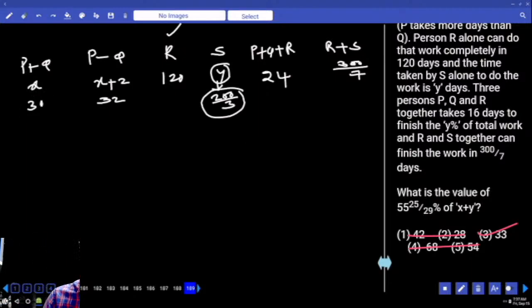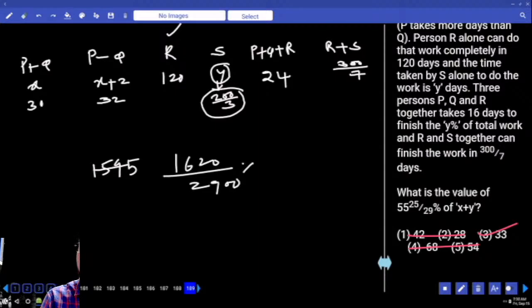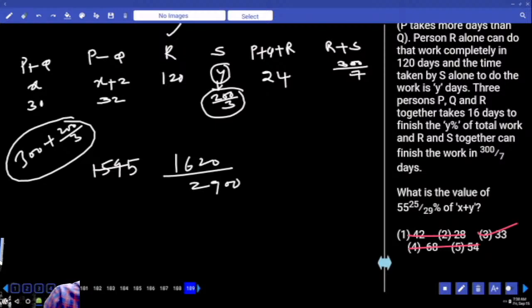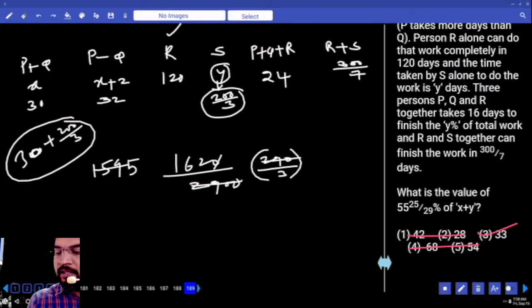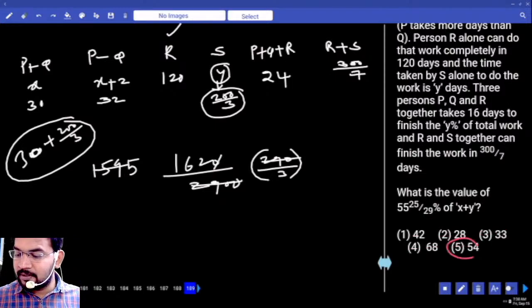So 55 25 by 29 comes to what? 29 55 times. 29 5s are 145. 145 plus 14, 159. 1595 plus 25 is 1620 by 29% of x plus y. x plus y is 30 plus 200/3, which is 290/3. 290 gets cancelled, 0 also gets cancelled. 162/3, so 3 5s, 3 4s. So your answer is 54.